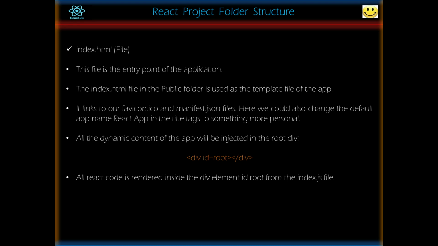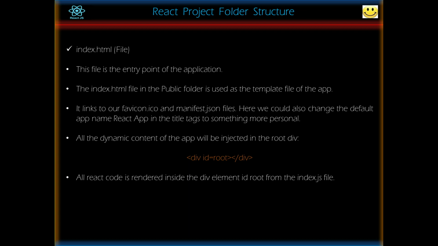Index.html file. This file is the entry point of the application. The index.html file in the public folder is used as the template file of the application. It links to our favicon.ico and manifest.json files.